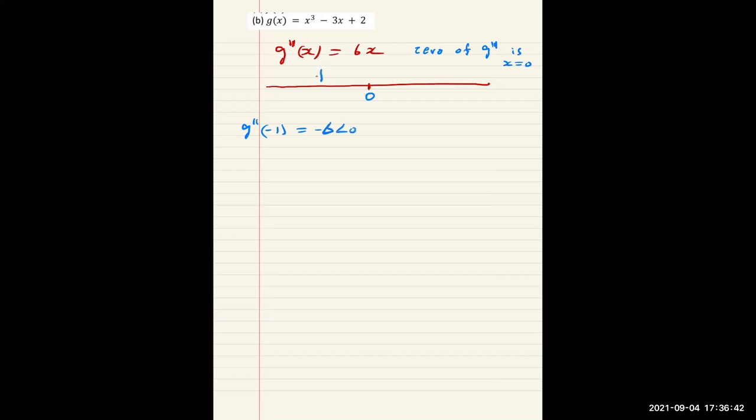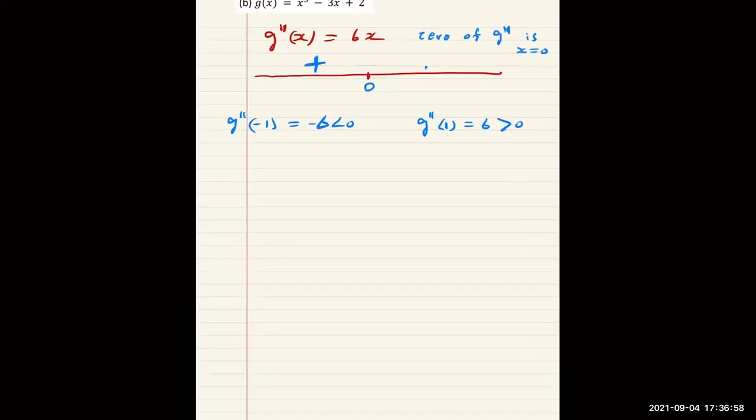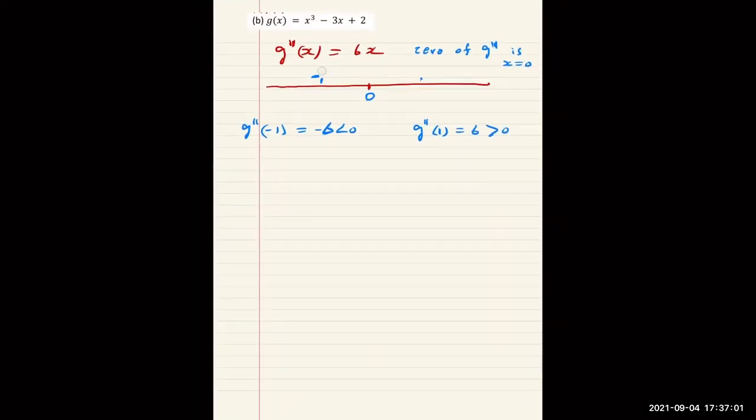Similarly, you pick a number from the right hand side of 0 and plug that into the function g double prime, let's say 1. This is equal to plus 6. It's a positive number. So, pardon me, to the left of 0 the sign should be negative, and to the right it is positive. Now I have the sign chart for g double prime of x.